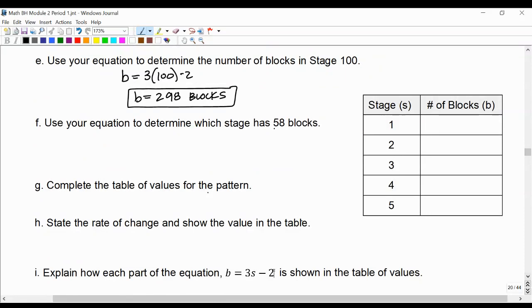F. Now they're going to ask the backwards version. If we know that we have 58 blocks, what stage are we in? So we're going to add 2 to solve this. This is like a baby equation compared to the things that we were solving in Module 1. And this is stage 20.